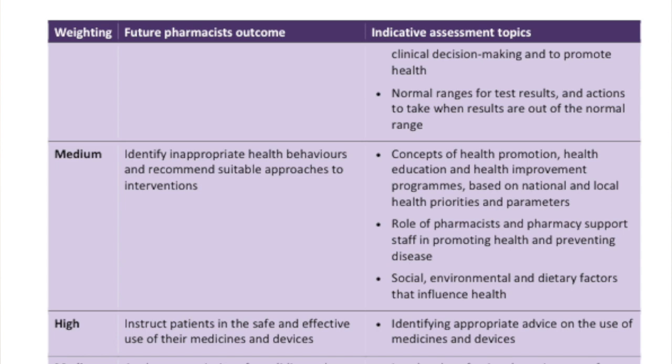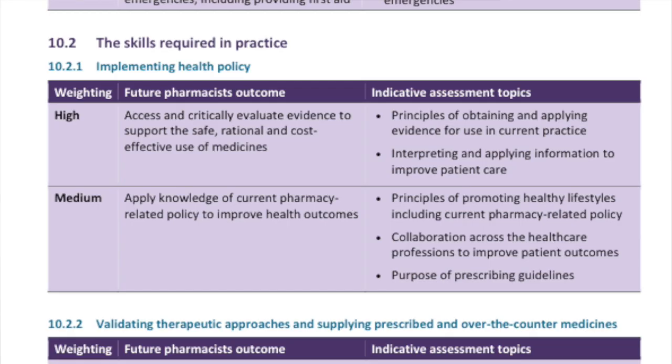I think the bullet points given, they've actually made it sort of easy, in quotes, accessible. Then appropriate responses to medical emergencies. You can find this in the BNF, actually at the back of the BNF. This is actually there, but you can also search on the St. John's ambulance. Then the high weighting, principles of obtaining and applying evidence for use in current practice.